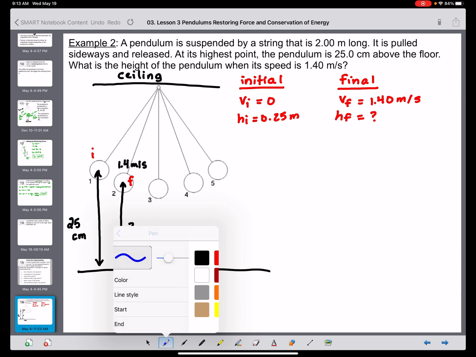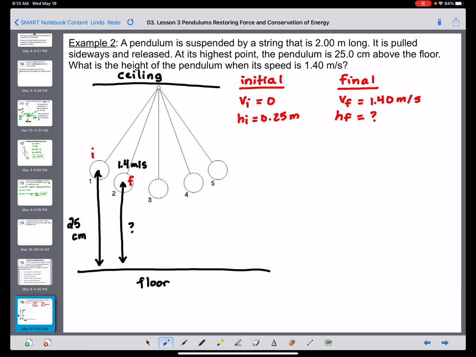So we're going to set up a conservation of energy equation, just like we did earlier in the unit. So total initial energy plus work equals total final energy. Total initial energy is made up of EKI plus EPI, and then we have this plus work.